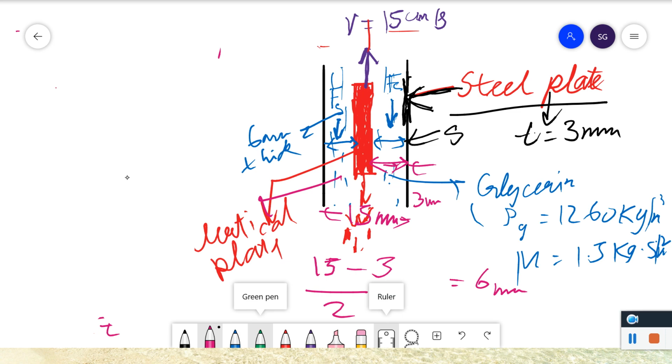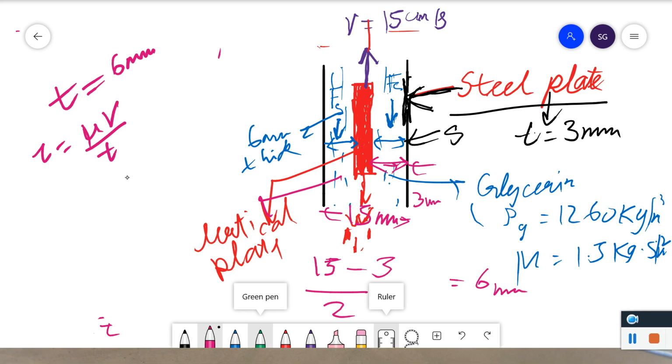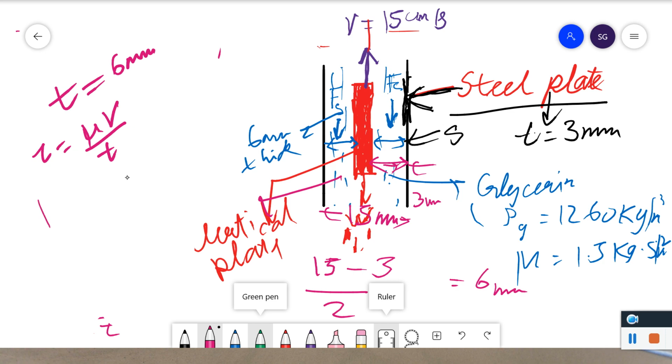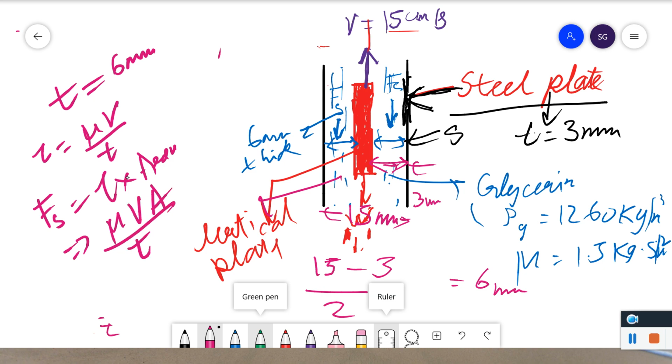This T is 6 mm. We have calculated this T to be 6 mm. Shear force is mu V by T. We know this. I have taught you how it has come. And Fs is tau into area, so it is just mu V A upon T. You can see there are two places, one here and one here.